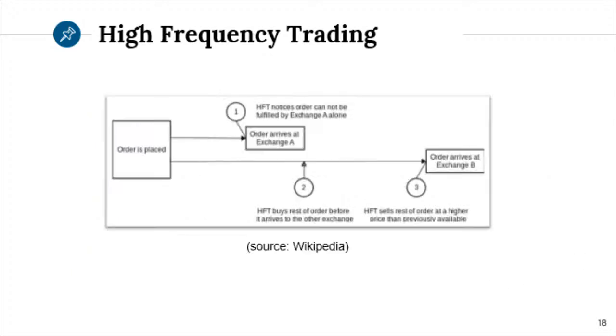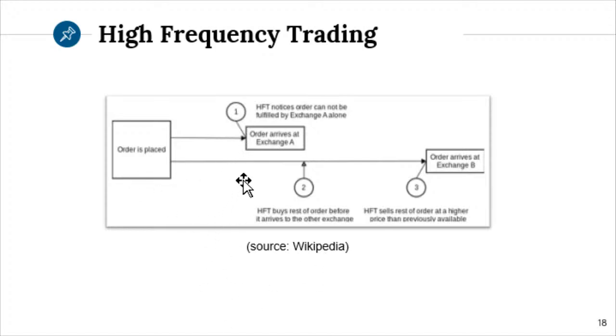From Wikipedia, here's one way high frequency trading firms take advantage of our trading. We send an order. Most of the time, it doesn't even go to the exchange anymore. Your order actually goes directly to the market maker, and who knows what they do with it? But even if you were to send the order to the exchange, they intercept it.